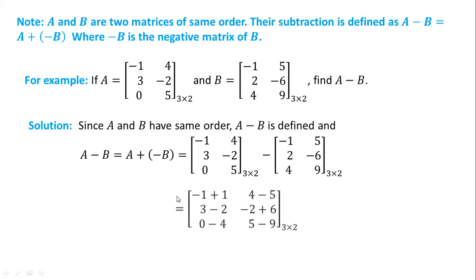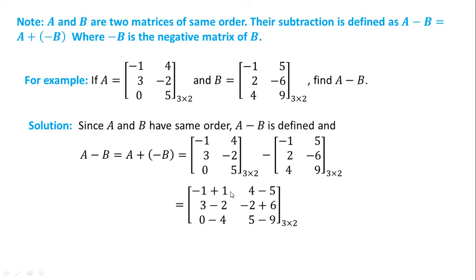See here, how to write it in detail: minus 1 minus minus 1 means plus 1, then 4 minus 5, then 3 minus 2, then minus 2 minus minus 6, then 0 minus 4, and the last one 5 minus 9. So we have subtracted corresponding elements from the first matrix.